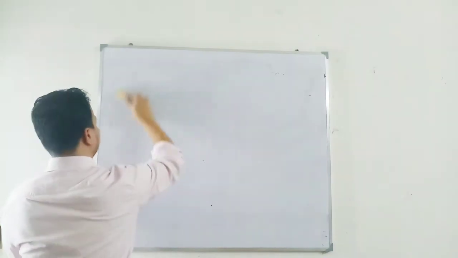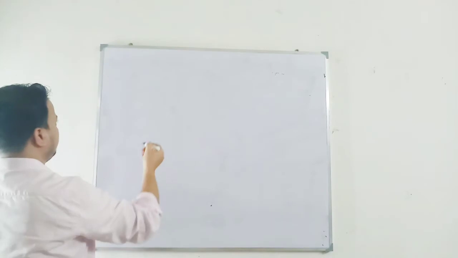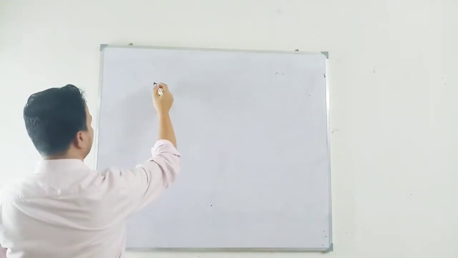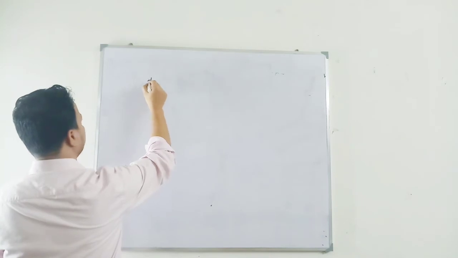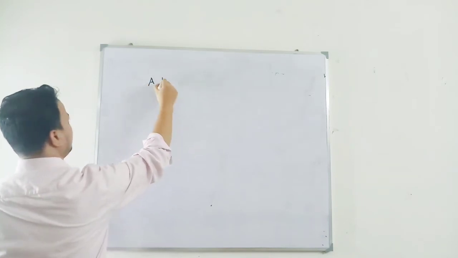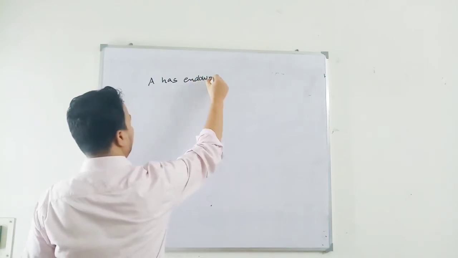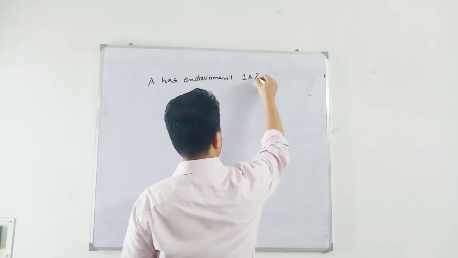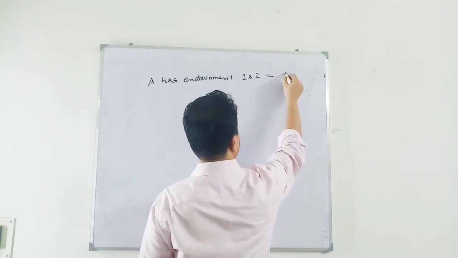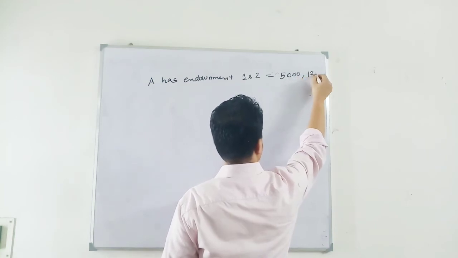So suppose this is given to you. Suppose you have two consumers. Consumer A has an endowment of goods 1 and 2 as 5,000 and 1,200.